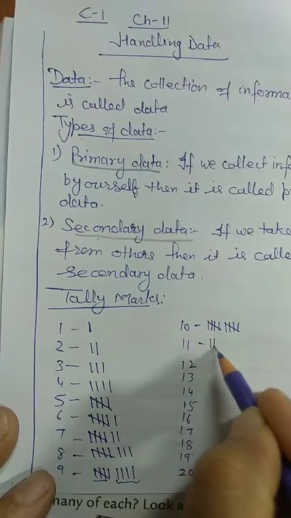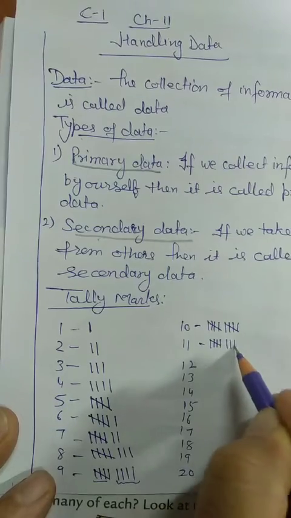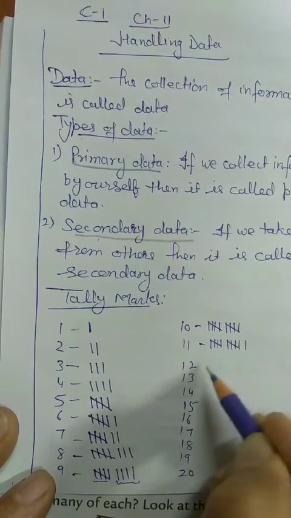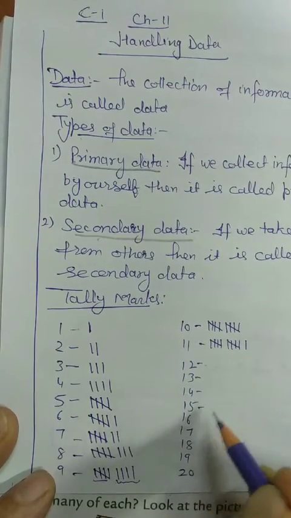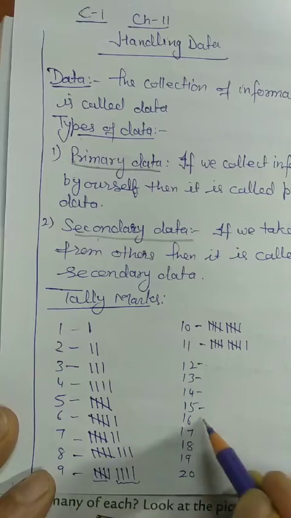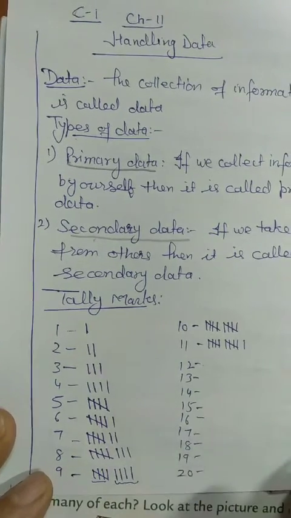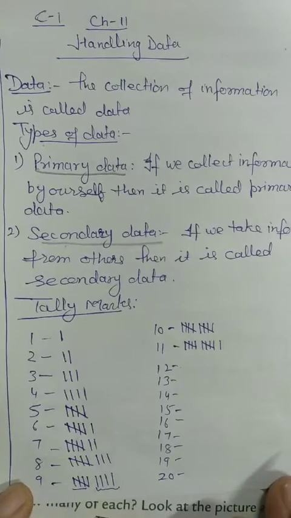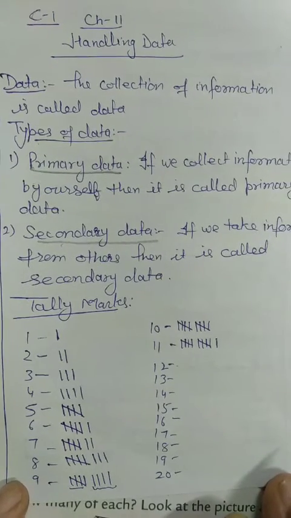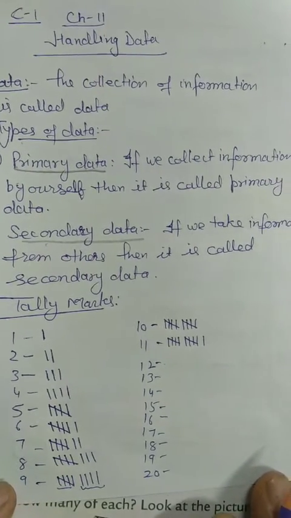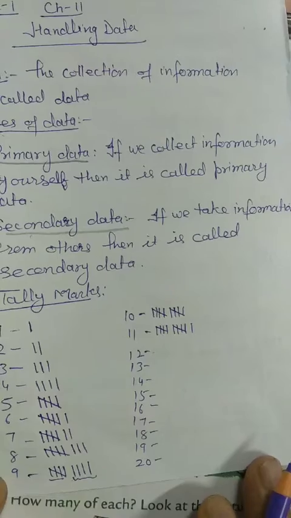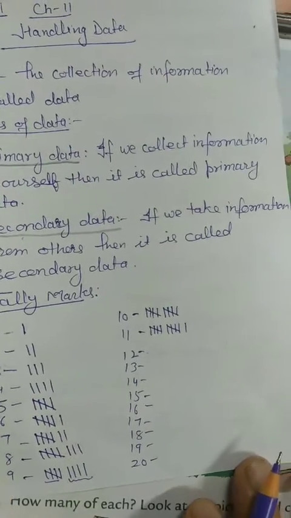And for 11, 1 2 3 4 5 6 7 8 9 10 11. Now you have to write all these yourself. For 15 you write 3 times 5. For 20 you write 4 times 5. So this is your notebook work. You have to write the definition of data, types of data, and then the tallies up to 20.